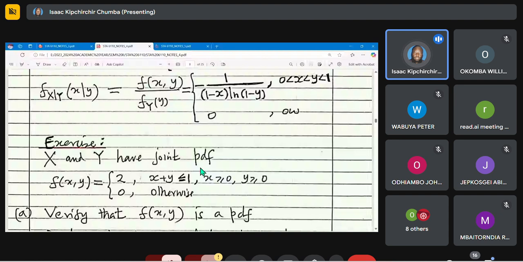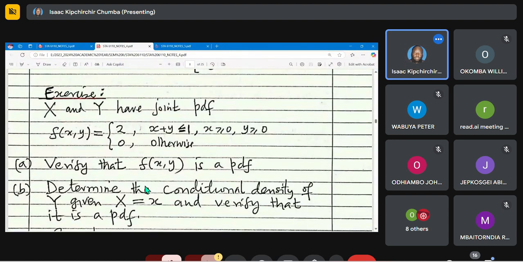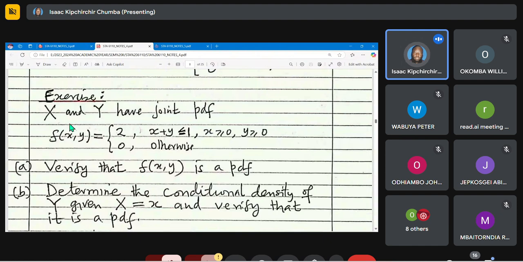So whatever you have here is always positive. So we have an exercise here for you. X and Y have a joint PDF. You need to identify the region, and then first verify that it's a PDF. F of x, y is 2. The support is that the two random variables are non-negative, and they must satisfy x plus y is less than or equal to 1.